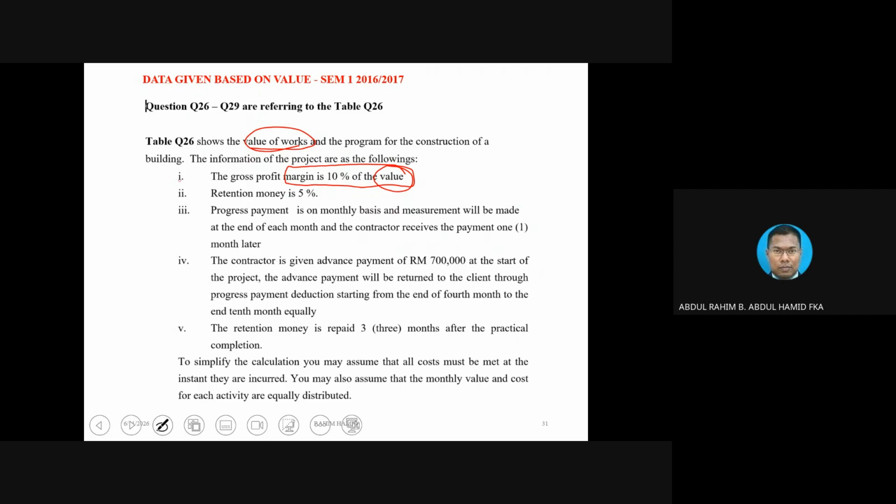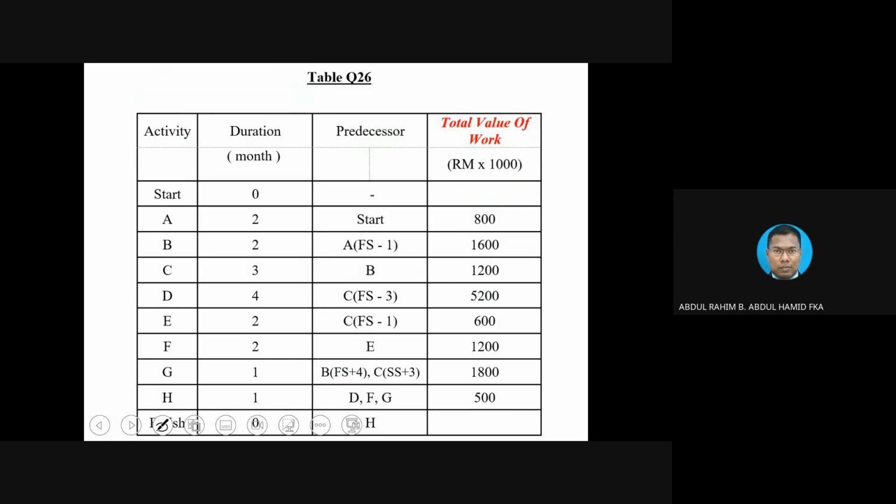When you look at the question, first thing first, you read this one. The data given, is it based on value, based on what? I already spelled out here, value. And the gross profit is based on value. That is the keyword. You see, value.